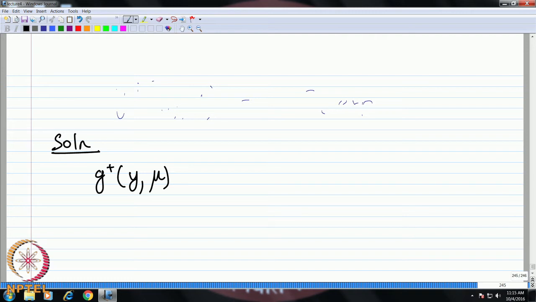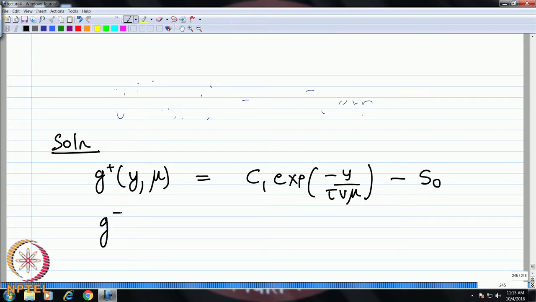So, that will be your directional cosine, and in the general solution we had a constant. So, we will write this as C1 exponential minus y by tau into mu, where I am writing my cos theta as mu, minus S naught, and similarly my G minus will be another constant C2.